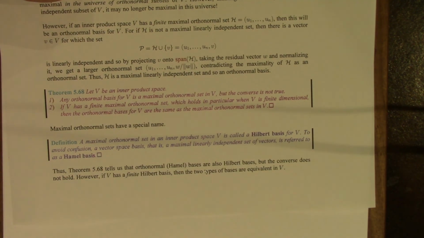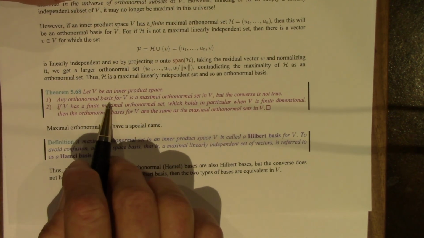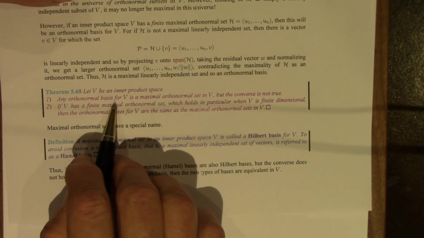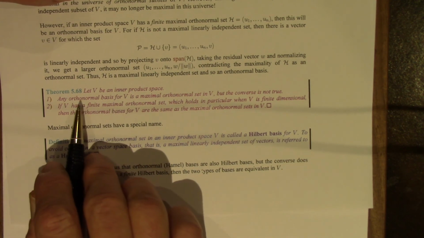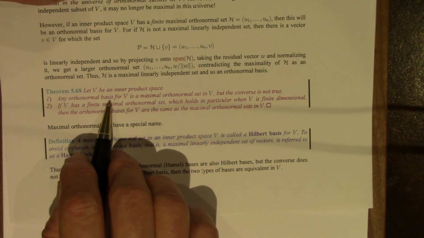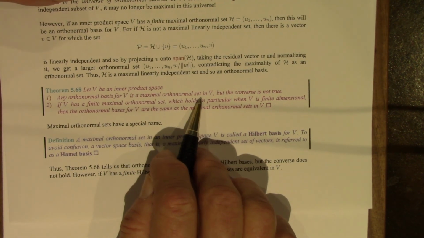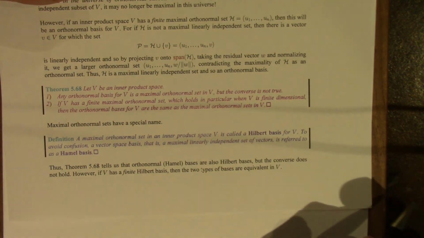So let's summarize. V is an inner product space. Any orthonormal basis, in other words, orthonormal maximal linearly independent set, is also a maximal orthonormal set. But the converse is not true.